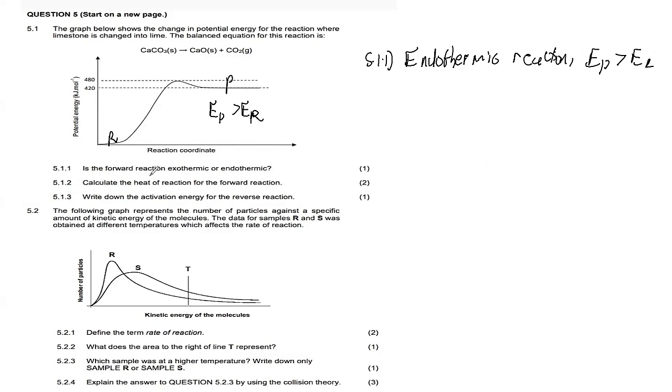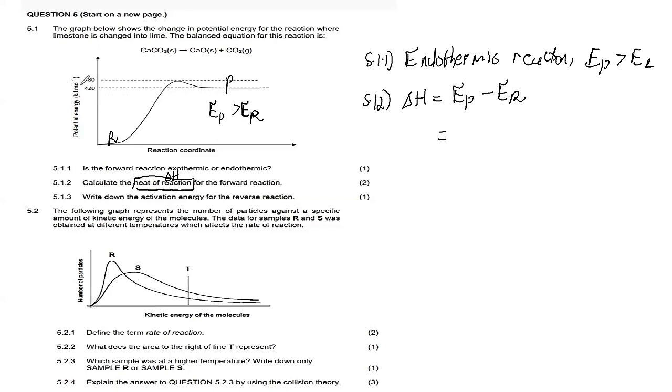Then 5.1.2 says calculate the heat of reaction. We know the heat of reaction is what we know as the enthalpy change, delta H, for the forward reaction. So for 5.1.2, our enthalpy change is equal to the energy of the product minus the energy of the reactant. Now, what is the energy of the product?